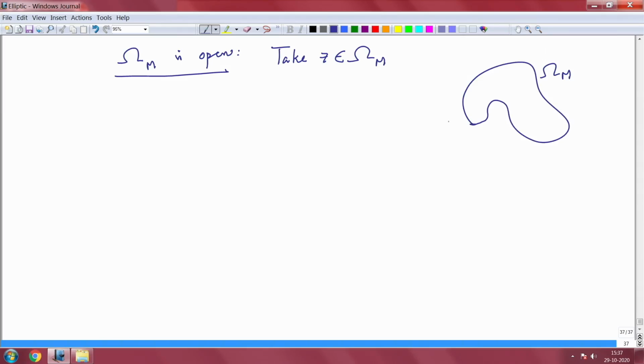You want to prove that omega m is open, so you want to choose a point here and show that there is a neighborhood. You want to prove there exists R positive such that B_R of z is in omega m.